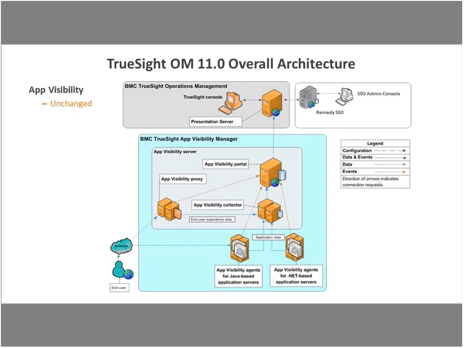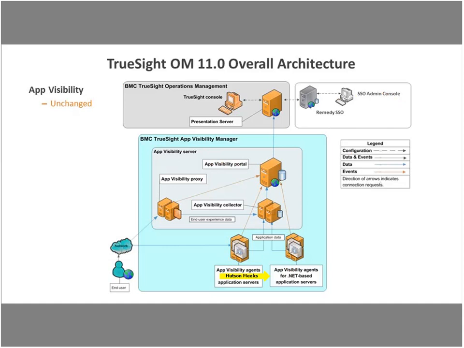Okay, the app visibility components that are used to monitor application transactions, those could be synthetic transactions, and/or they could be what we call app visibility data, where we drop an agent. It could be a Java agent or a .NET agent loaded up into the corresponding application that you want to monitor.